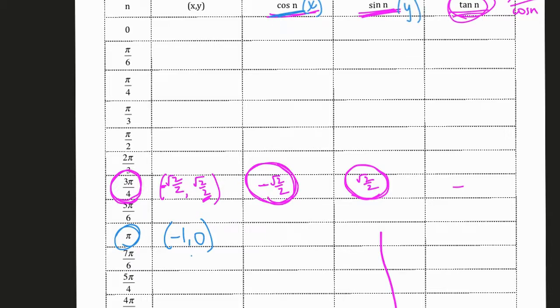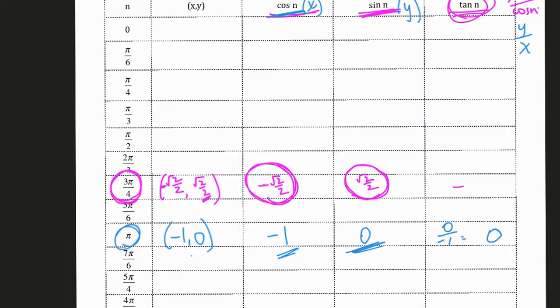So this should be pretty easy. This is -1, the sine would be 0, and then tangent, since it's the sine over the cosine, it's literally the y over the x, right? It's 0 over -1, which in this case just equals 0.